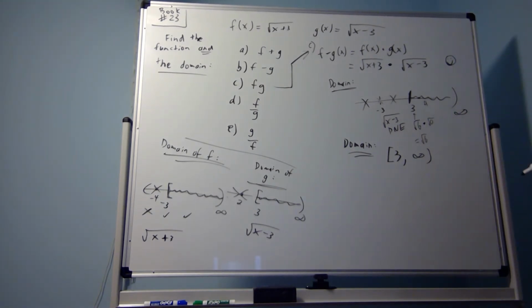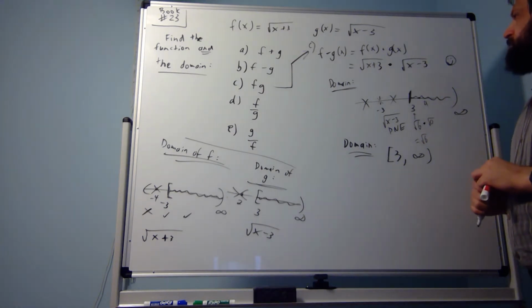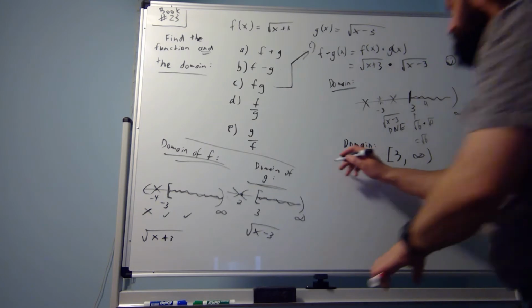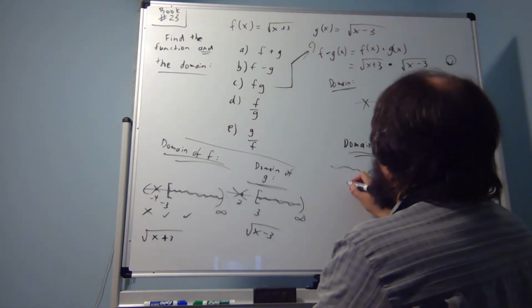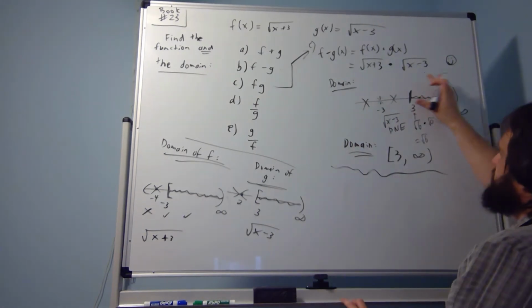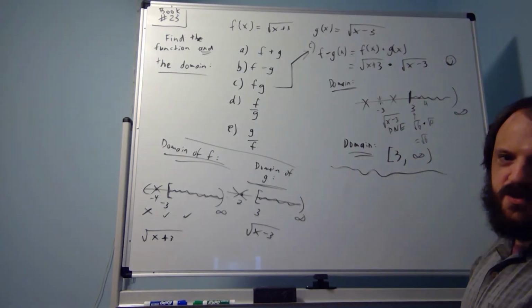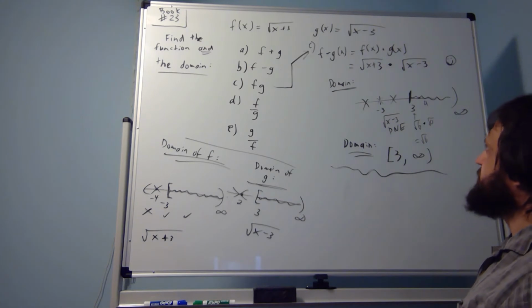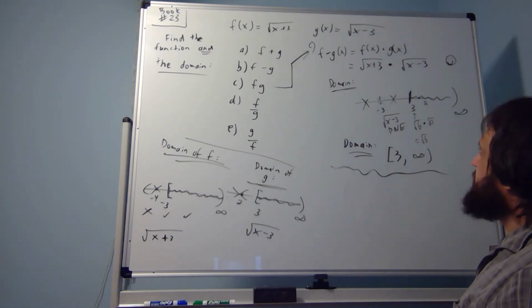All right, so what's interesting about this one here is that you might be tempted to simplify some things. So the correct thing to do is you don't do any algebra whatsoever. You just take that expression and leave it as it is, and you don't try to combine square roots.